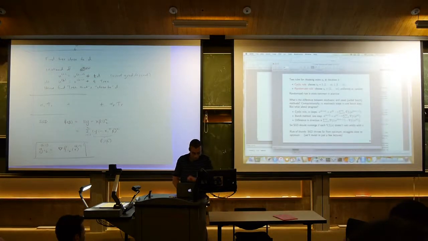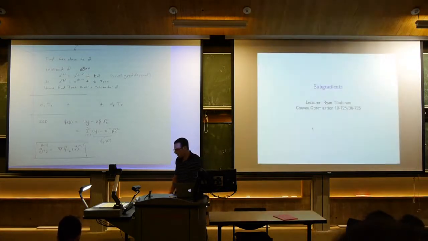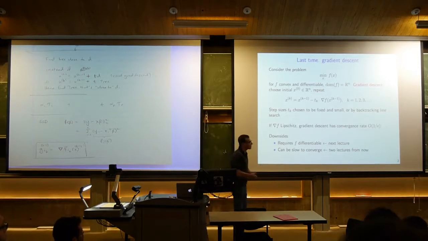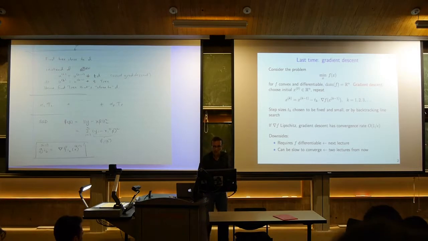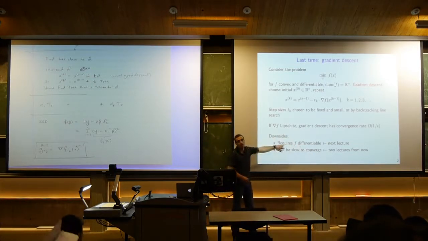So that was all I wanted to talk about on gradient descent. Let's skip over to subgradients. We already covered all this, and this is the jumping off point to overcoming this limitation of gradient descent.